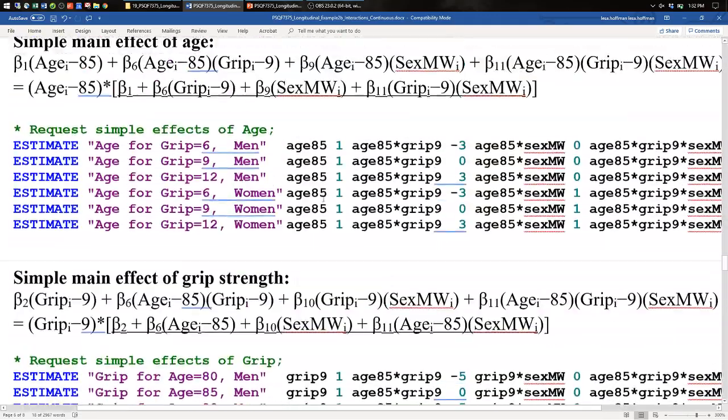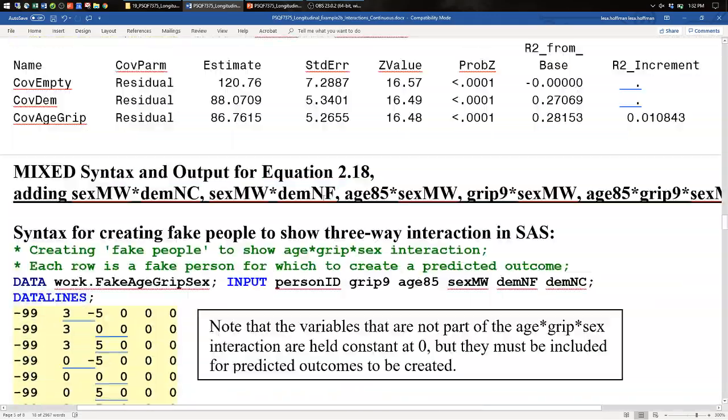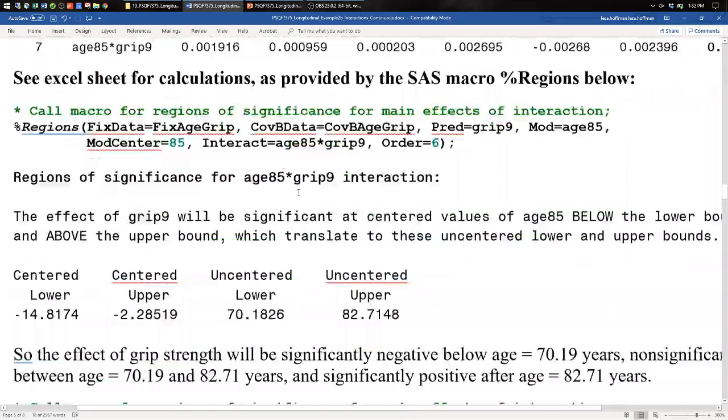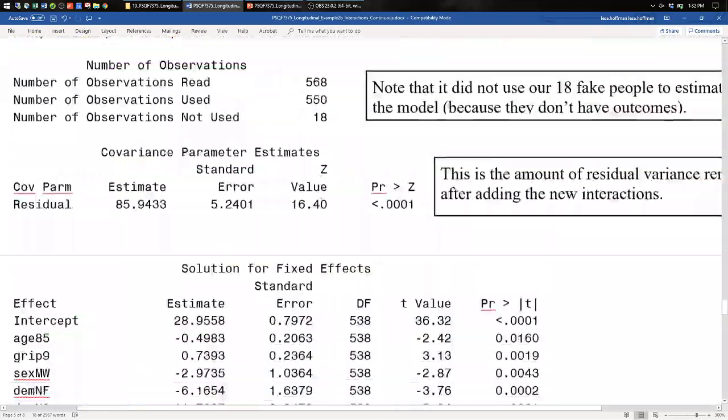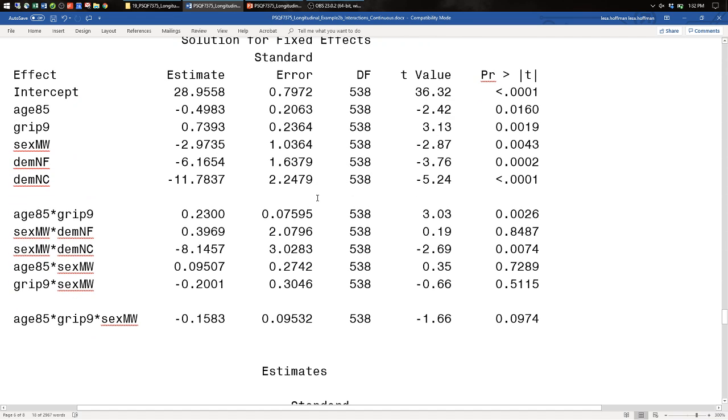Where people tend to go wrong is in looking at the output that's given by default, right? And you'll see people, let's say that this interaction was significant and they're going to write this up. You'll see people talk about the main effect of age and the main effect of grip as if it's significant or not significant.